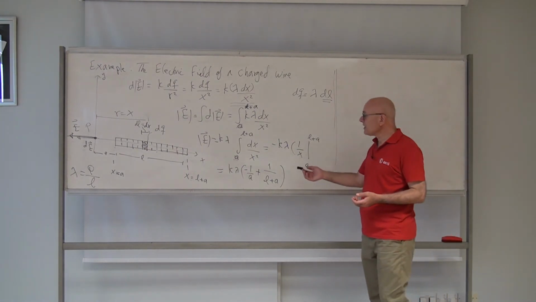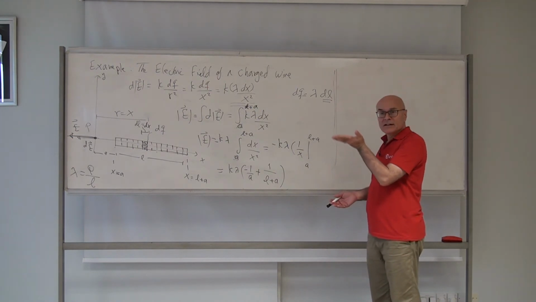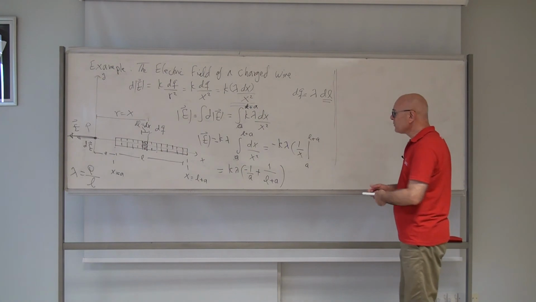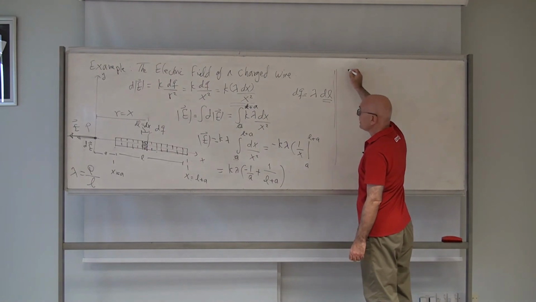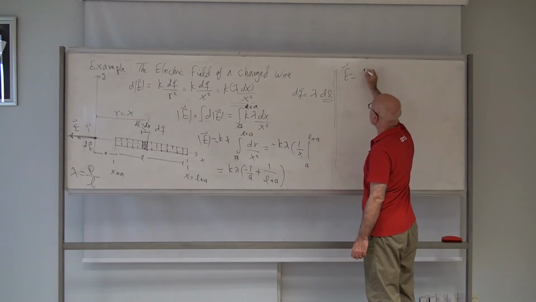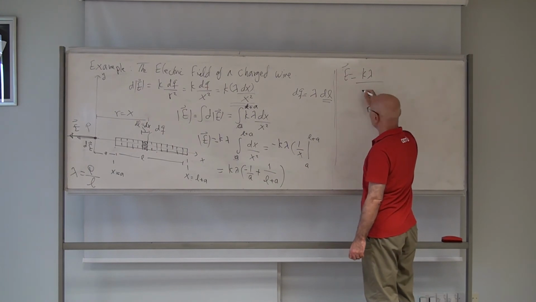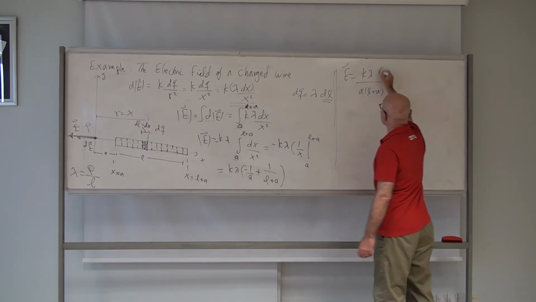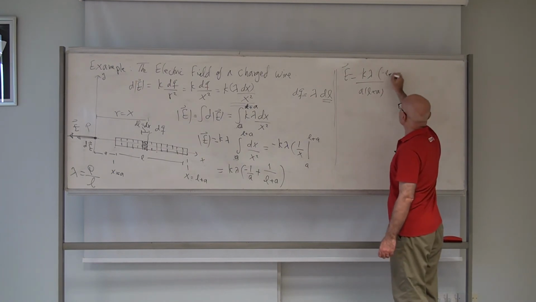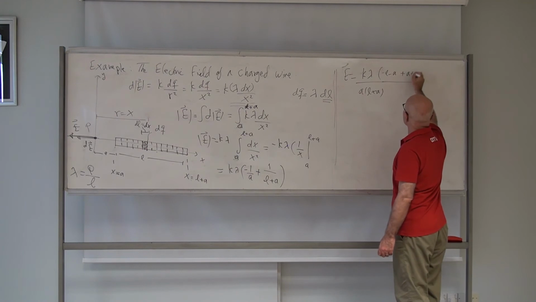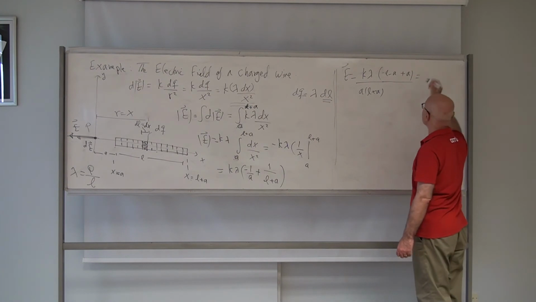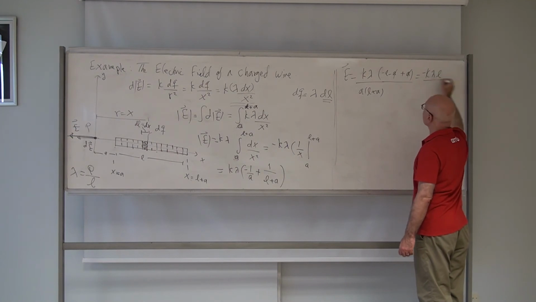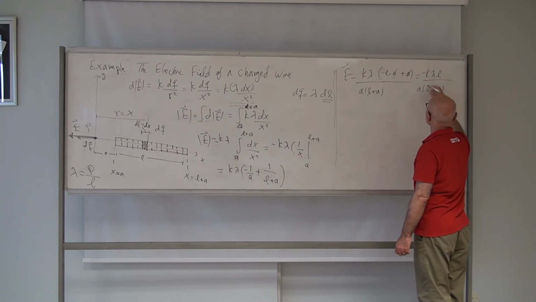The first check might be to see if this expression is really in the negative x direction. To see this, let me have a common denominator here, and if you do this, you will have E equals K lambda, the denominator will be A times L plus A, and multiplied by minus L minus A plus A. These will cancel, giving minus K lambda L divided by A times L plus A, of course with I hat.